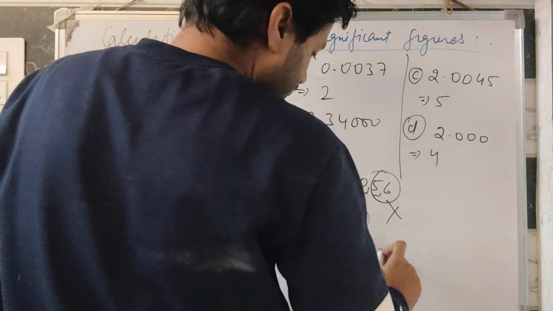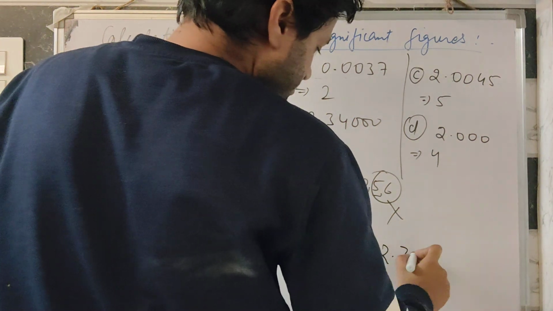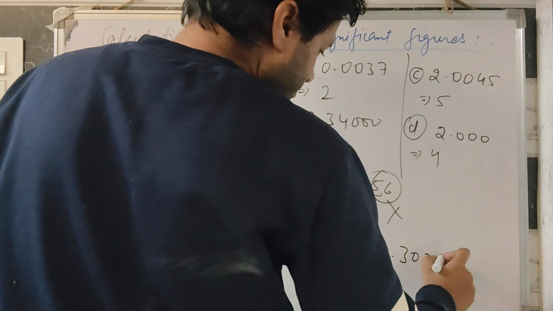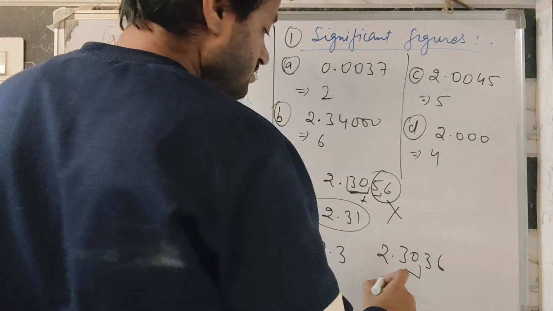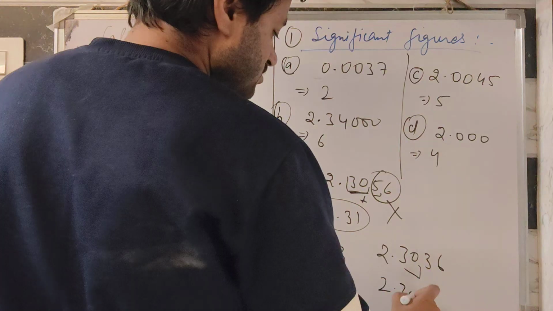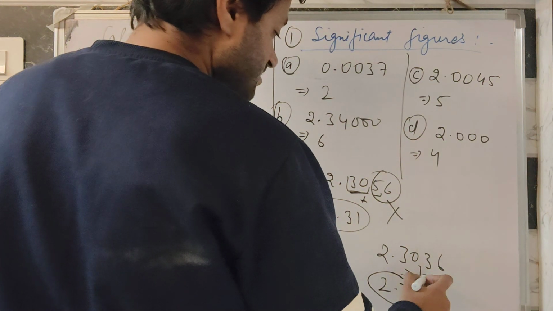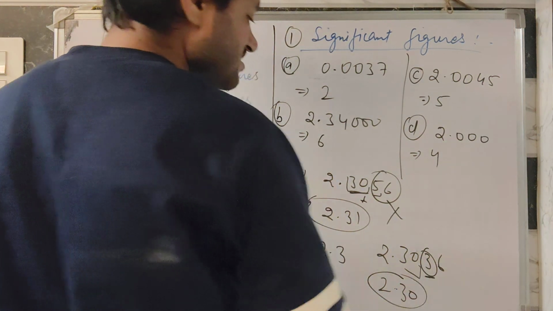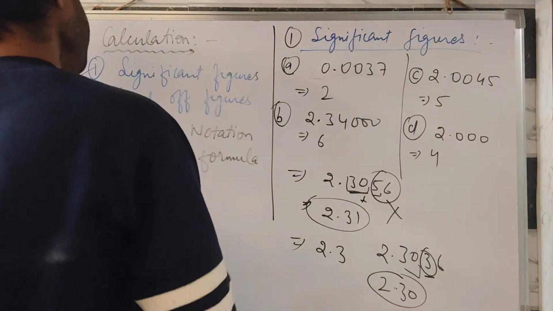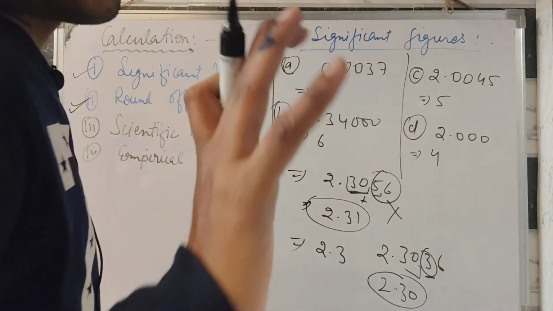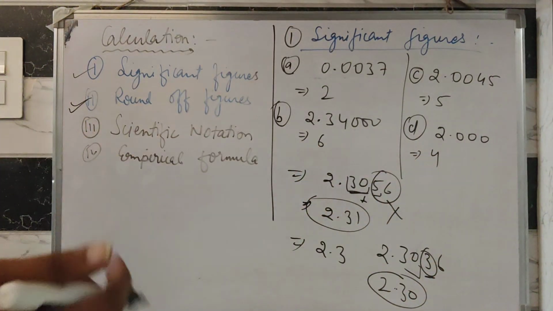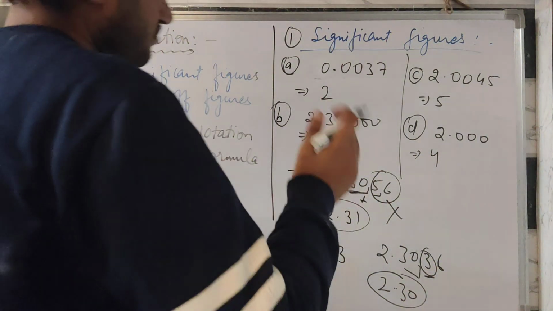For example, if the number is 2.3036 and we round off up to 2 decimal places, it will be 2.30, because the next number is less than 5. So this is all about rounding off a figure up to how many decimal places you want, and you can round off any number by this method.